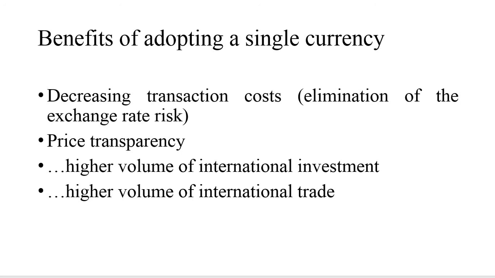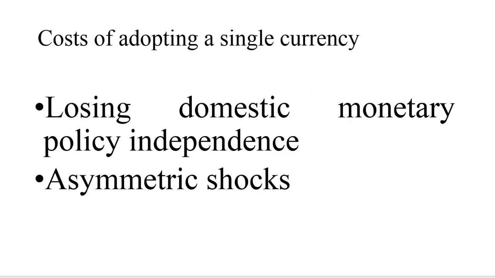Obviously there are benefits, and the major costs are losing control over domestic monetary policy and asymmetric shocks. When it comes to losing control over domestic monetary policy, I think this course also covers the IS-LM balance of payments model. So you have either discussed it with Dr. Beck or you will do it very soon.